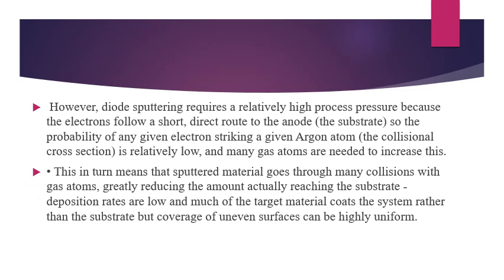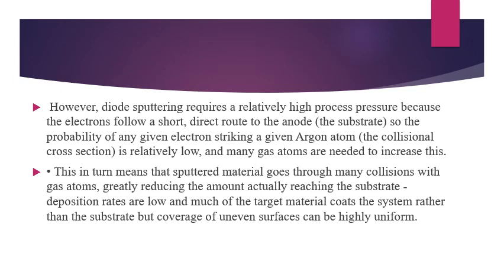However, diode sputtering requires a relatively high process pressure because the electrons follow a short, direct route to the anode, so the probability of any given electron striking an argon atom, the collisional cross-section, is relatively low, and many gaseous atoms are needed to increase this.